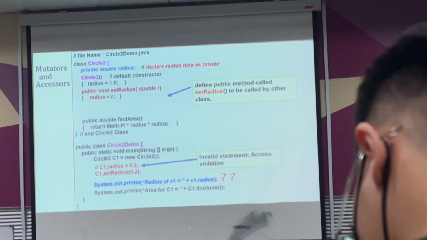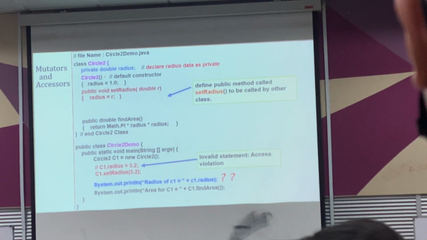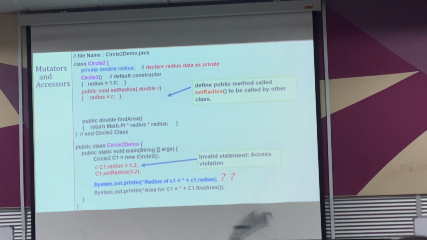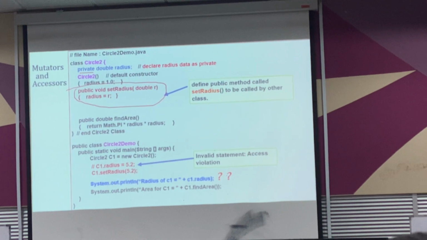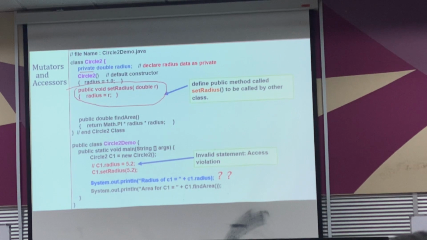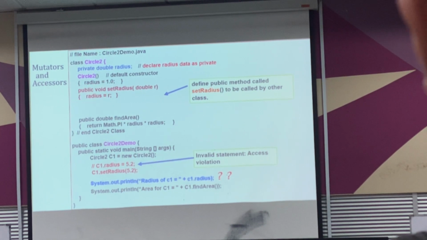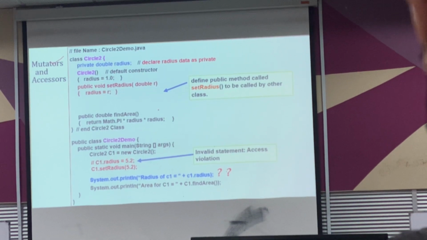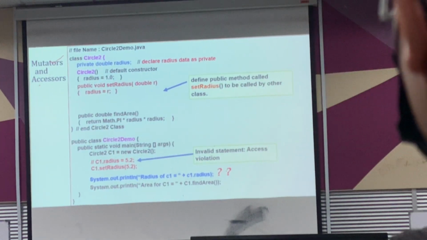Now the example here is also the same thing. We have a Circle class that defines a private radius. The constructors are defined as public, with setRadius. This part, no problem, right? Try to look at this code. Any issue? Accessor, mutator.